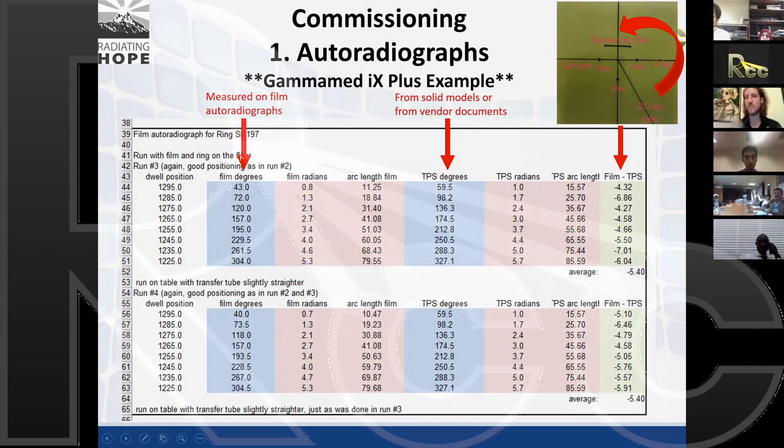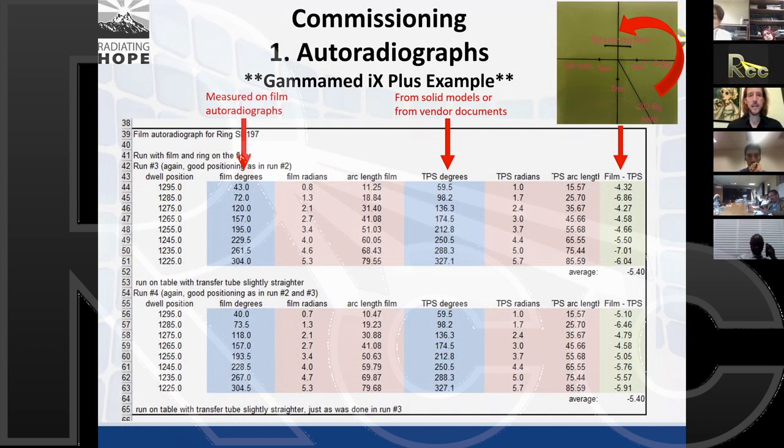Because of the whole explanation at the beginning, where the first few dwell positions don't move, and then it moves in equal step sizes. So these are my offsets for each individual dwell position for my particular applicator. And you can see that I got the exact same average result for both of them, and these are plus or minus less than 2 millimeters from the average step size.